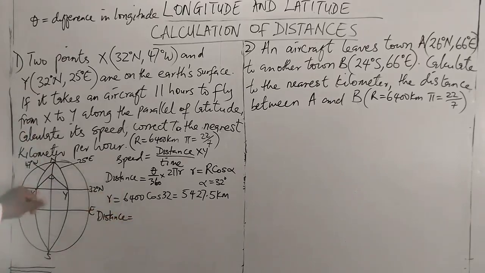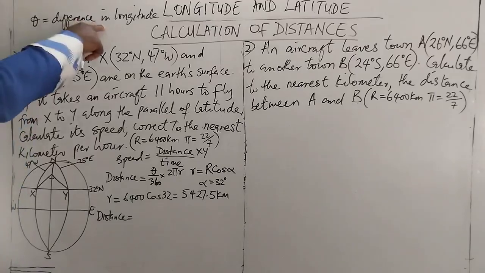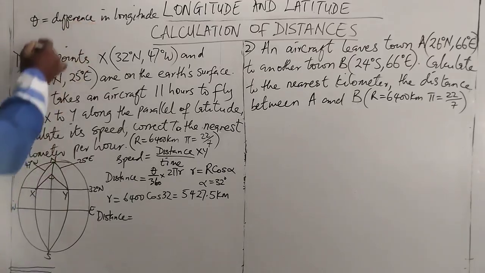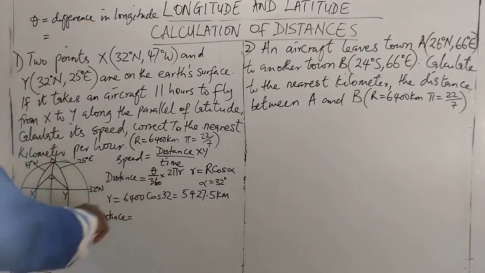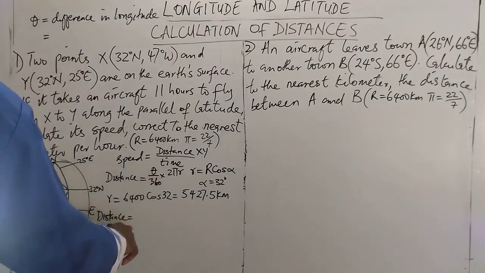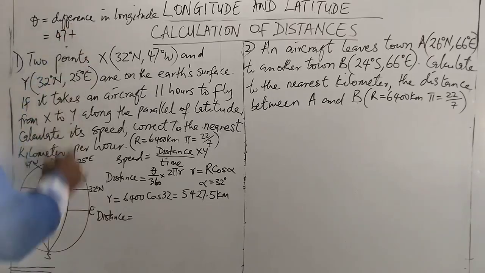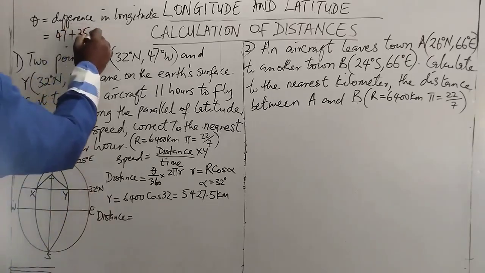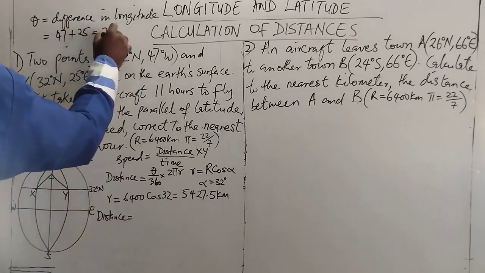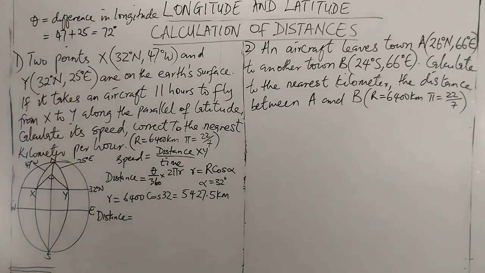In this case, one is east, the other one is west, and because they're of different poles, we have to add to get the difference. So our difference in longitude will be 47 plus 25, and that will give us 72 degrees.